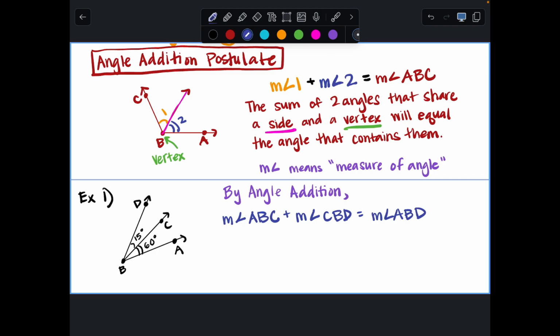So if we know that one angle is 15 degrees and one angle is 60 degrees, we can find the measure of the angle that contains them, which is 75 degrees. Here we go. Measure of angle ABD is 75 degrees.